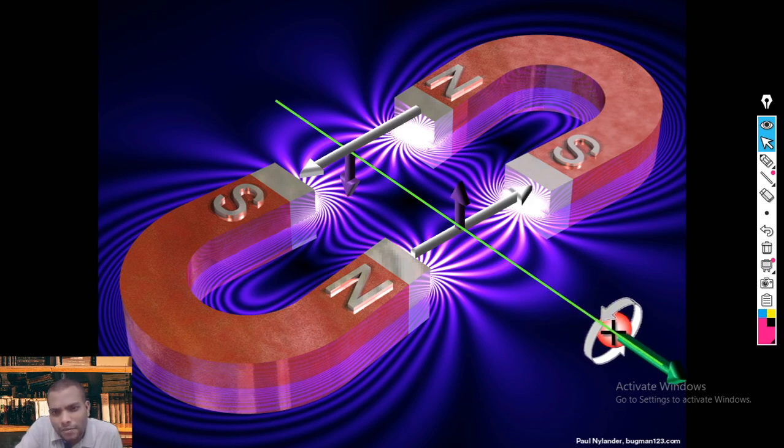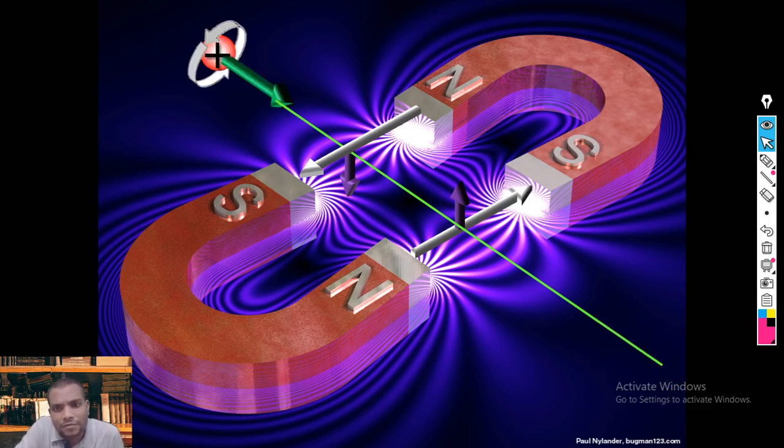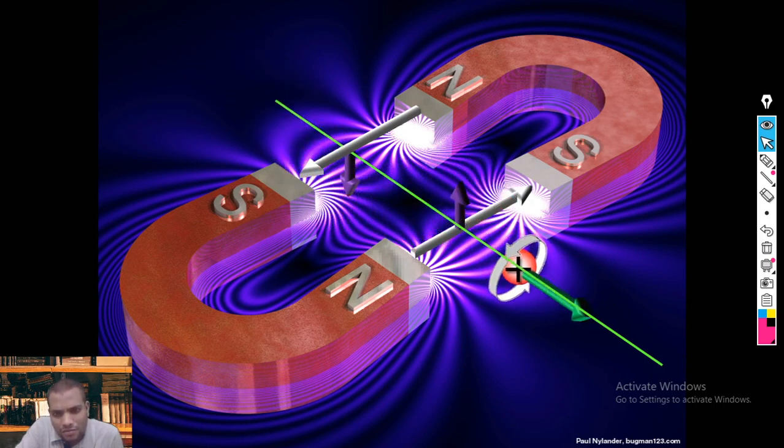Why is it moving up? Here one and only thing has changed, that is, the magnetic field direction has changed. The velocity of the positron does not change, but the magnetic field direction has changed. So due to the interaction of the velocity of the charged particle with the direction of the magnetic field, a force is caused.